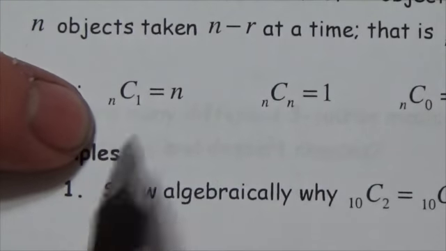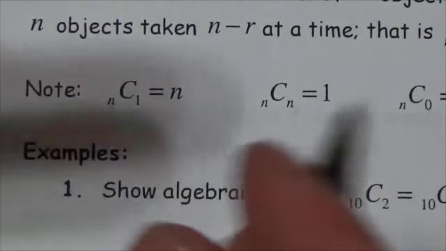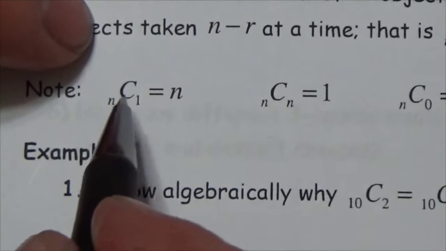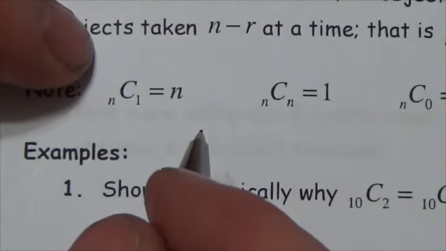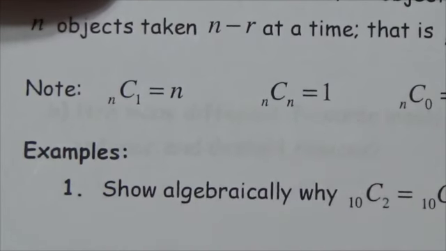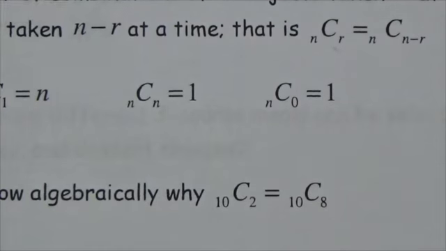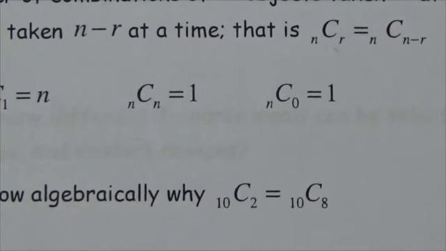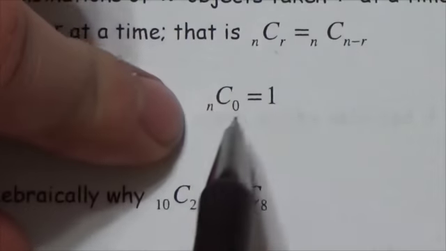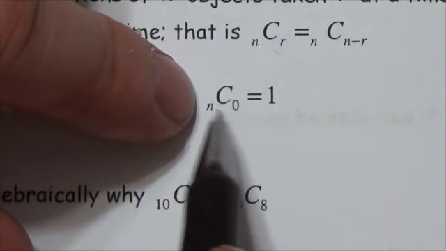A couple other things you want to note here. n choose 1 is just n. How many ways can you choose one object from a group of 10? There's 10 ways of doing it. How many ways can you choose 10 objects from 10 objects? There's only one way: you choose all of them. And lastly, n choose 0, which is a little bit of a weird one conceptually.